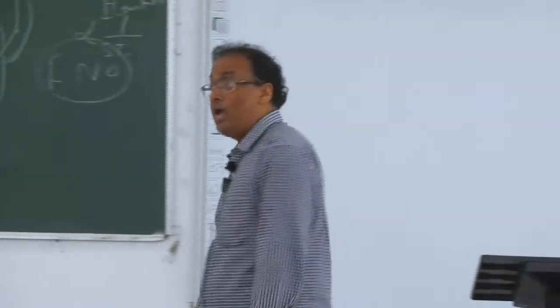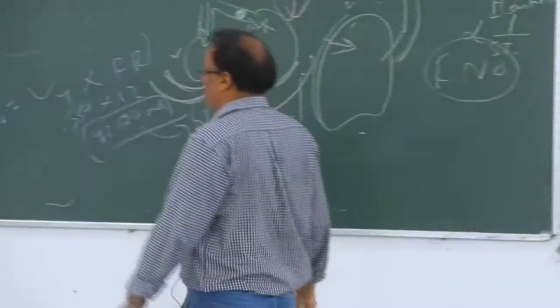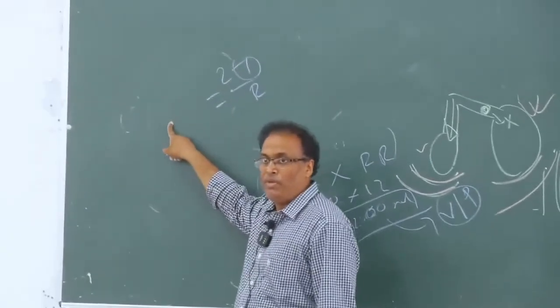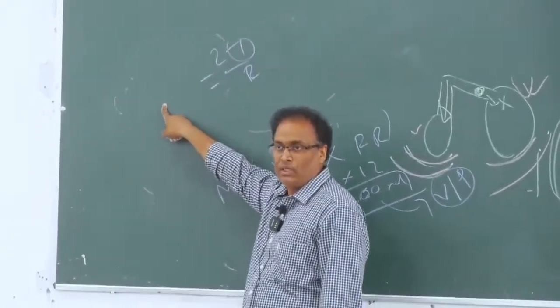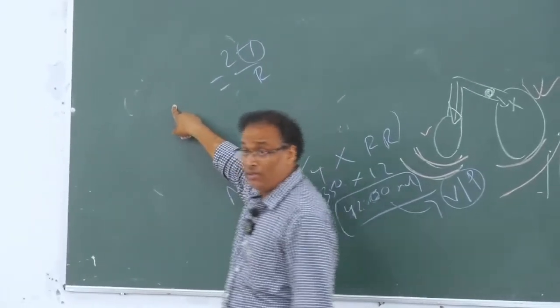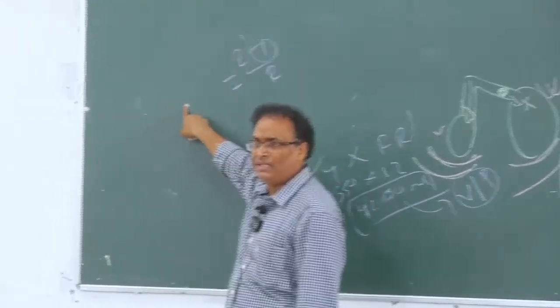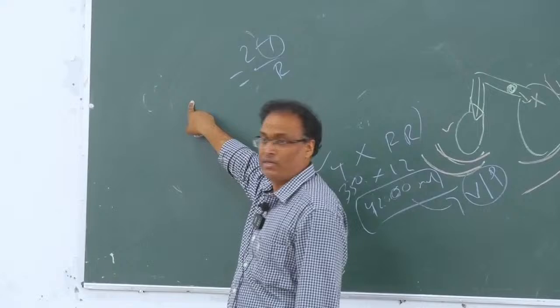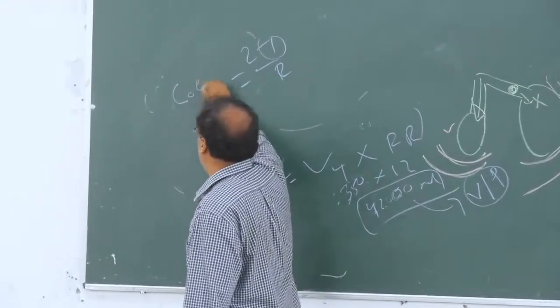Compliance is also inversely proportional to surface tension, and the surface tension formula is P equals 2T by r. What do you mean by P? Excess P? No, that is called the collapsing pressure.